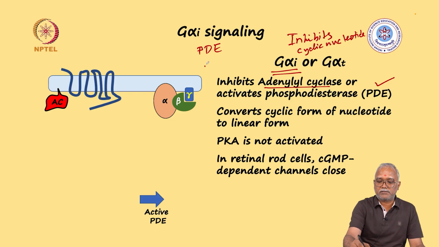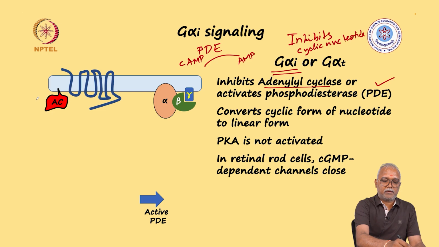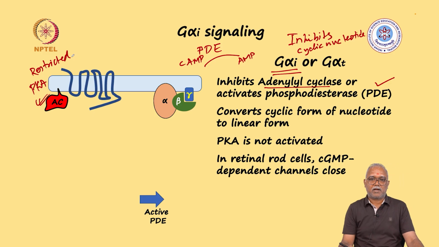What does phosphodiesterase do? It takes cyclic AMP and converts it into AMP, which is a linear molecule. This is good enough to ensure that the enzymatic activity of PKA is restricted, because adenylyl cyclase is not active.